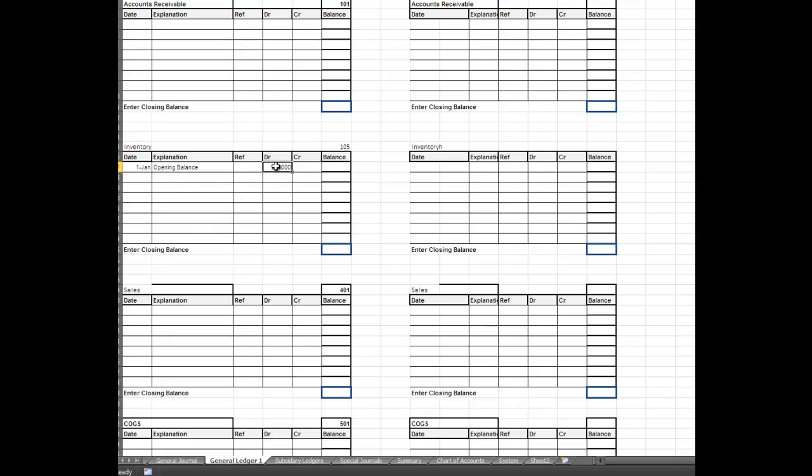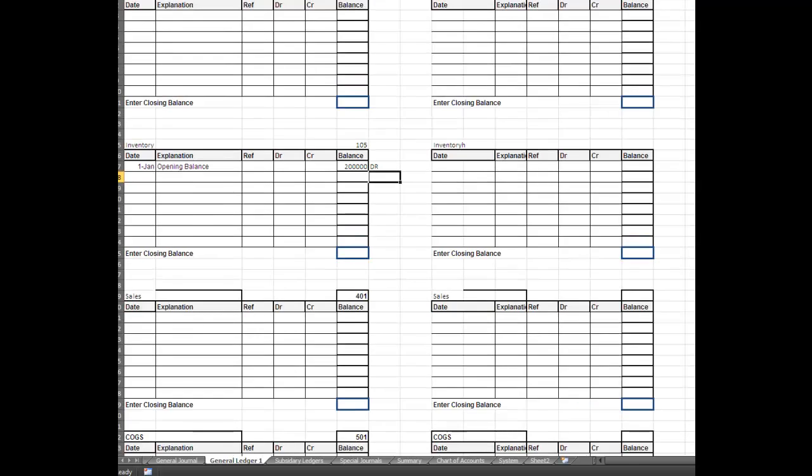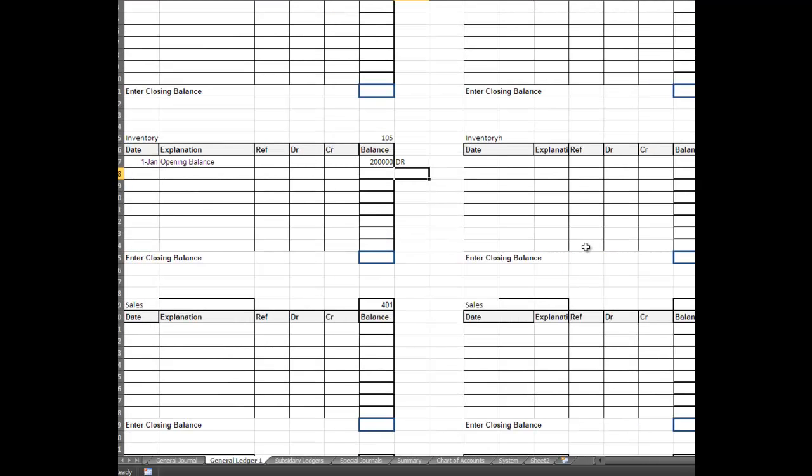Oops, put that in the debit, in the balance column. $200,000 debit. So that was the opening balance.